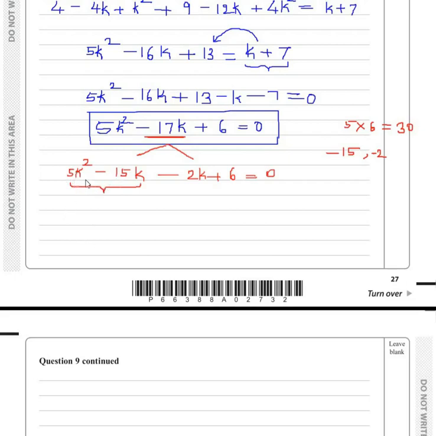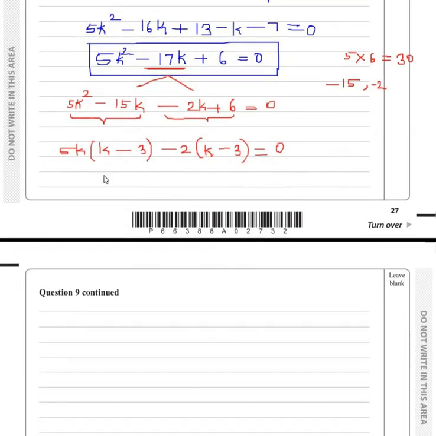Taking out the common term, we can see that 5k is common and what remains is k minus 3. And from these two terms, we can take minus 2 common, giving k minus 3. So we get the factors as 5k minus 2 and k minus 3 is equal to 0.